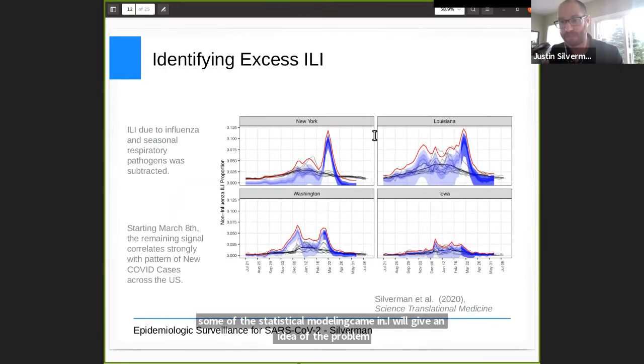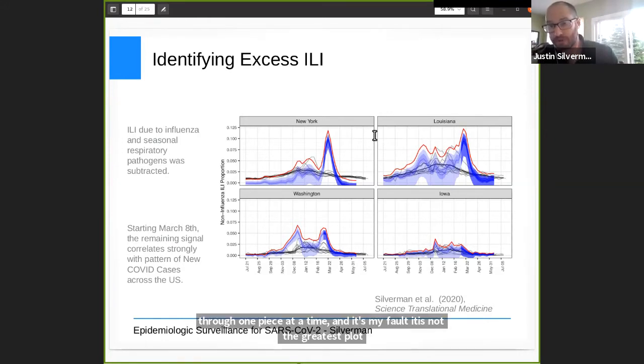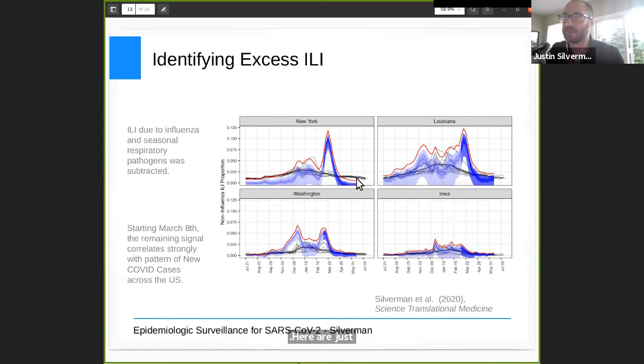This is a bit of a complicated plot, so I'll walk through it one piece at a time, and that's my fault. It's not the greatest plot. But here's just 4 example states. Let's just look at New York for the moment. The black lines in the back, these are 9 years of historical data of the proportion of patients showing up to their physician with ILI each week.